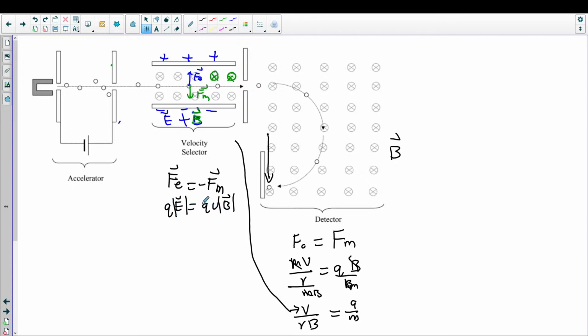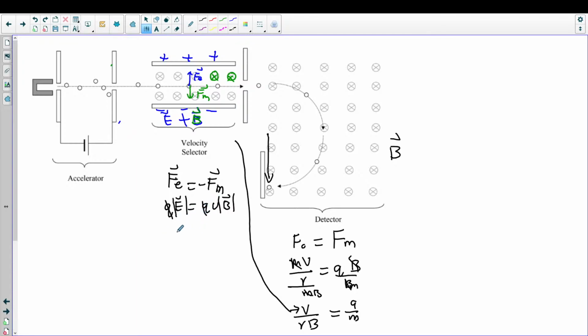Same charge here, so the charge will cancel. And if you actually want to pay attention to the sign, you know there's a negative there. However, it's not too much of an issue because they're negative because they're opposite. The electric and magnetic fields offer forces in two opposite directions.